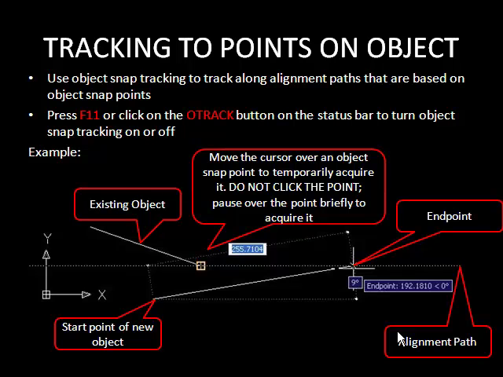Do not click. Hover over it, pause there, you will acquire the point, and then you can draw your second point. There you can see that tooltip as well. It will give you your endpoint, the distance of 192.1810, in this case at 0 degrees east.